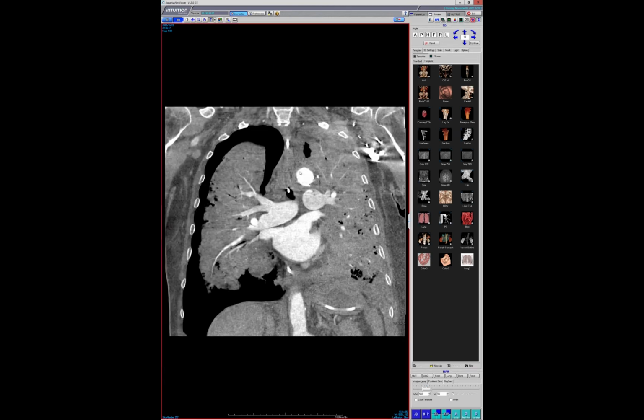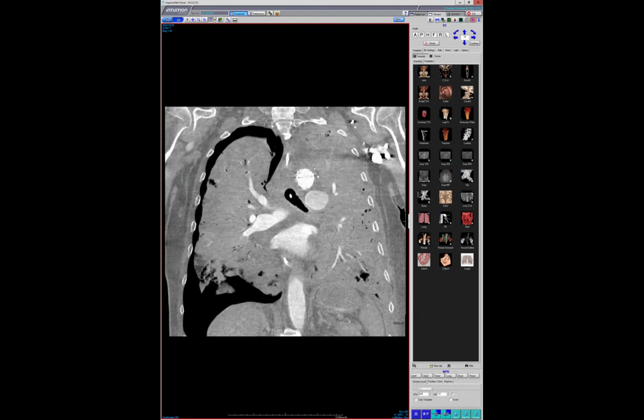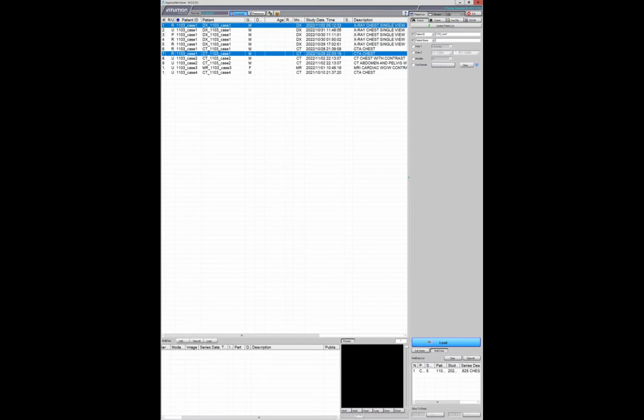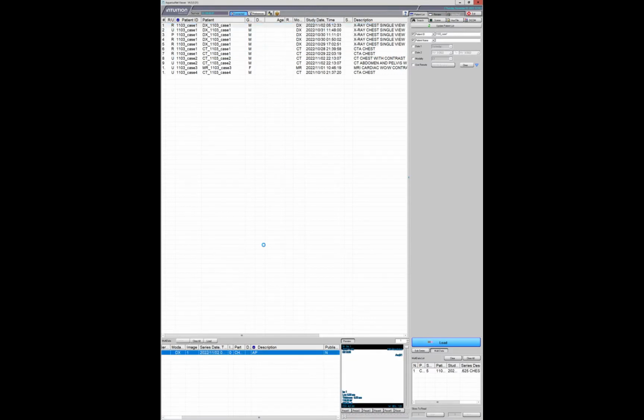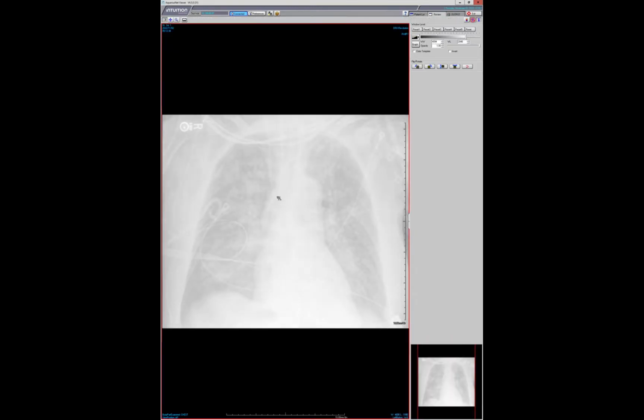But going back to the main question, I guess all of this must have been a combination of fluid and blood for it to go from this to this in like 36 hours.